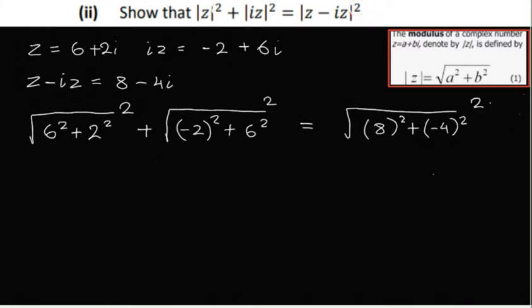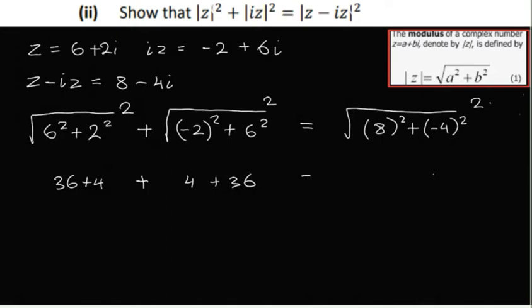So 6 squared plus 2 squared is 36 plus 4, and if I square root and square at the same time, it will be a cancellation because they're two opposite functions. So again, you can remove the square root, and over here again we will get 4 plus 36.